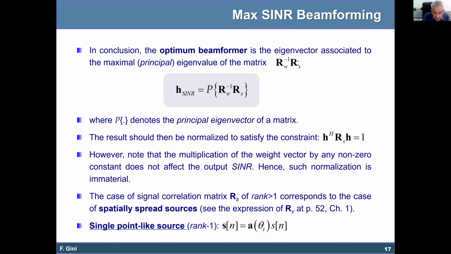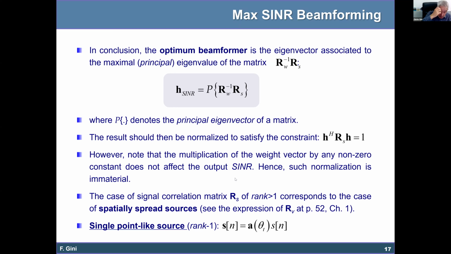If you have, for example, spatially spread sources, you remember how we derived the covariance matrix of the signal in the presence of spread sources, we introduced the speckle. For that case, you can find the optimal beamformer in this way.